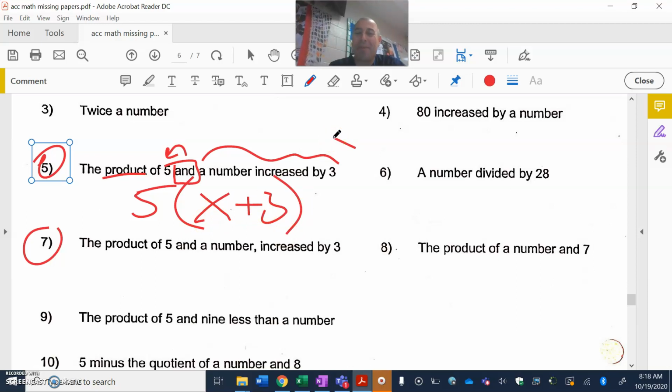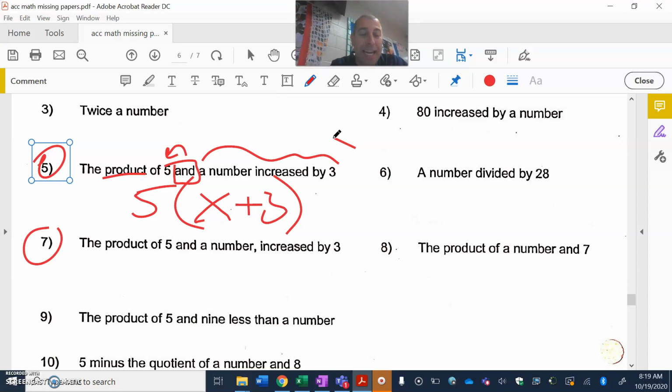And again, sometimes people do 5x plus 3. I get it. Like I said, sometimes they are open to interpretation, just like when someone says something like, oh, really? I didn't know that. If they use some strong sarcasm, it kind of makes it sound like, oh, you did know it. So there's the frustration, and I get it. But now look at the comment here, the product of 5 and a number.